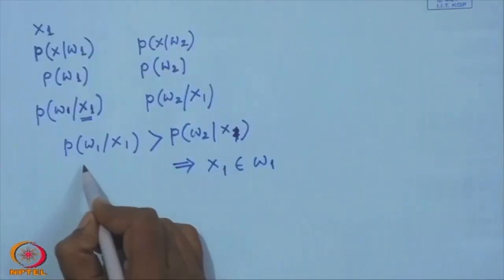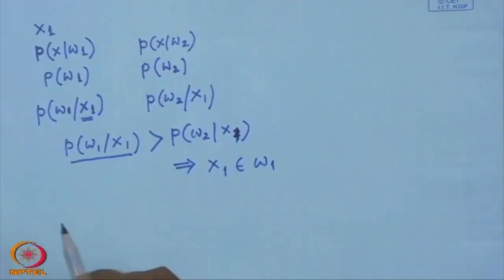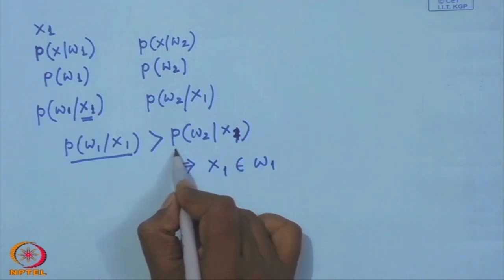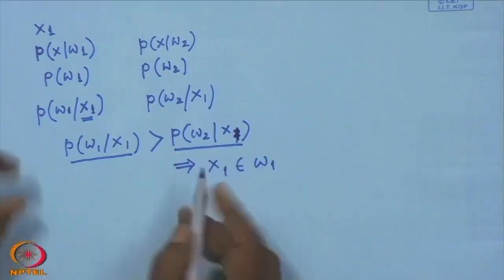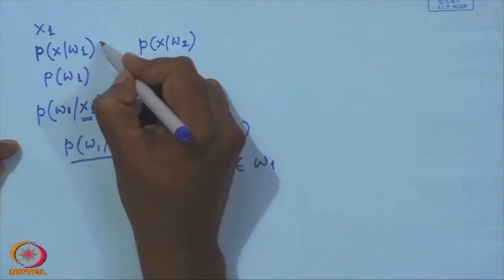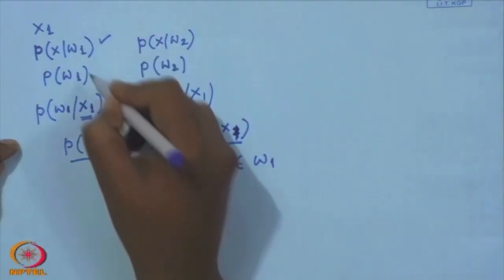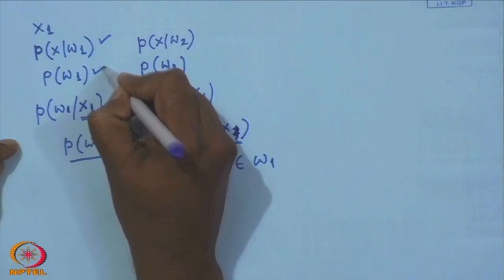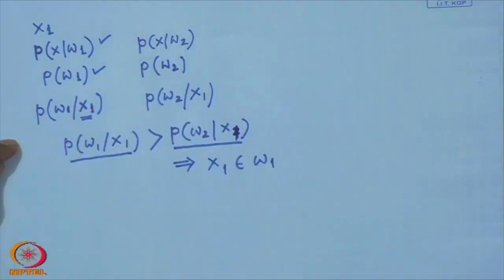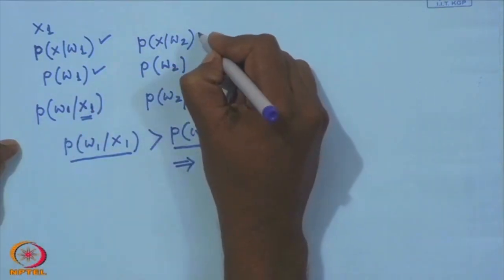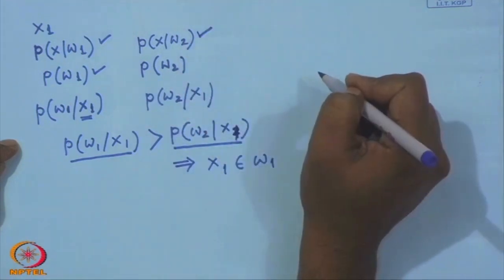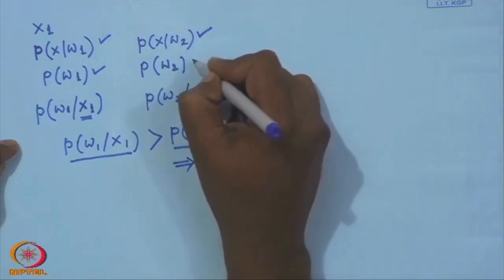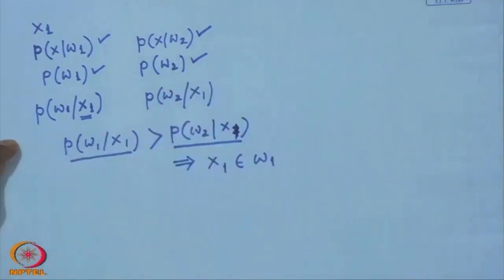And when I compute p of omega 1 given x 1 or p of omega 2 given x 1, we use the Bayes rule, as I know p of x given omega 1 and the a priori probability p of omega 1. Similarly, I know the class conditional probability density function p of x given omega 2, and I also know p of omega 2, the a priori probability.